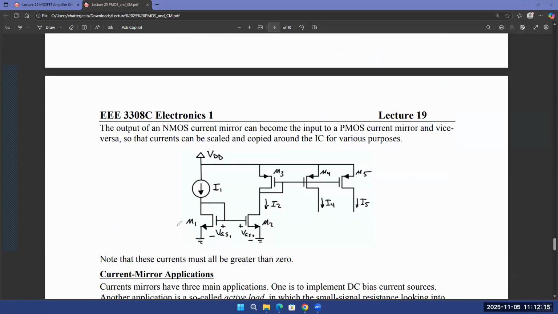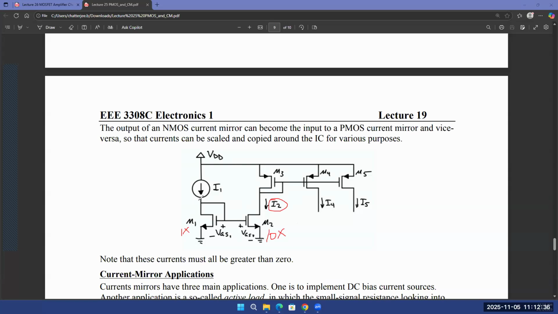So if this is a 1x transistor, and by 1x I mean that the width is 1 unit width, right? X could be in a particular unit, let's say. And M2 transistor is a 10x transistor, that is the width is 10 times larger. That means that the DC current flowing as I2 will be 10 times that of I1.